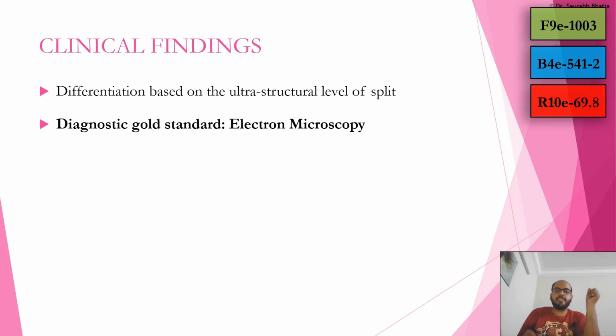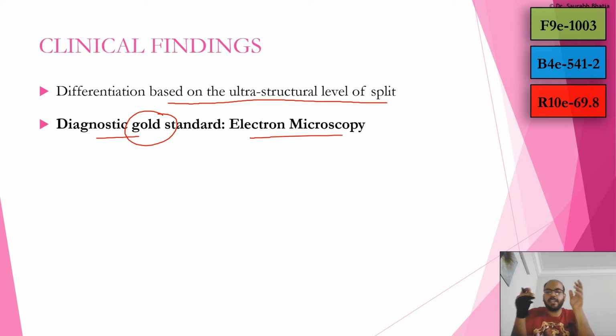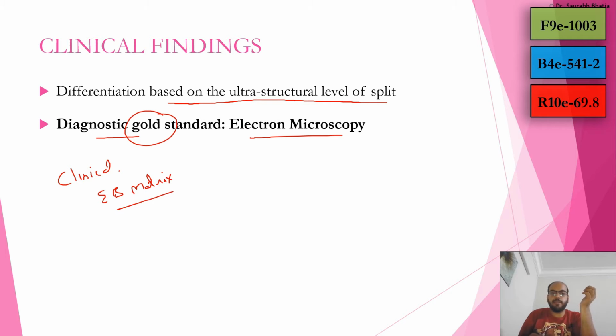Now, clinical findings are different in different subtypes of EBS, and they are based on the ultrastructural level of split. So nowadays, the diagnostic gold standard is electron microscopy. But most of the diagnosis that we make in EBS is only clinical. There is also a clinical EB matrix in which you can put the symptoms of the patient and you will get the most probable diagnosis.